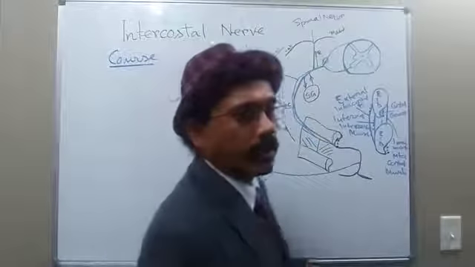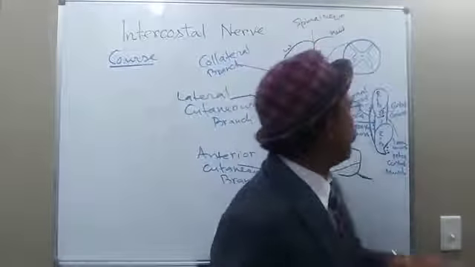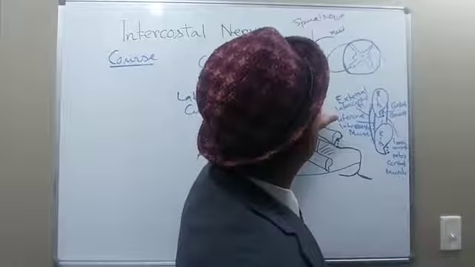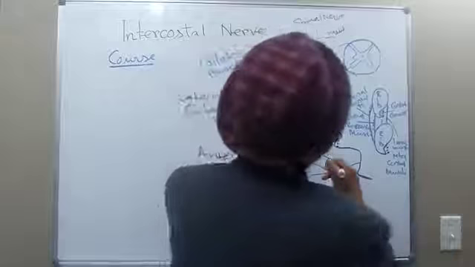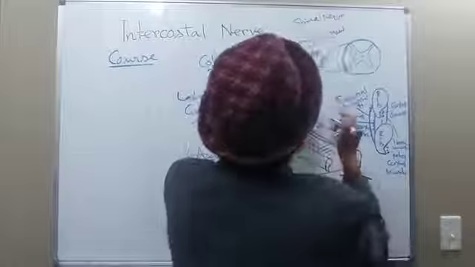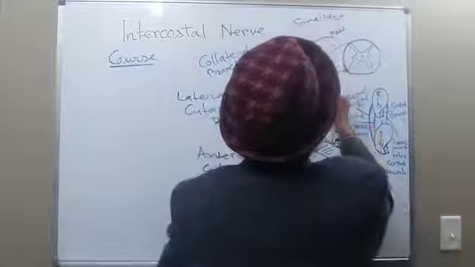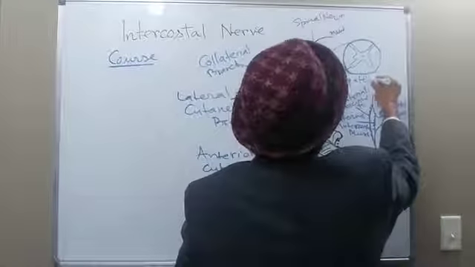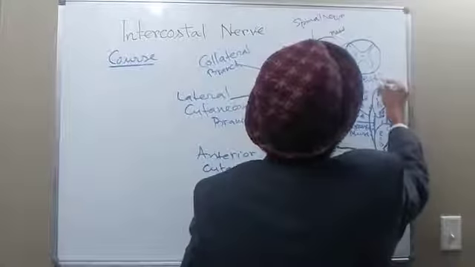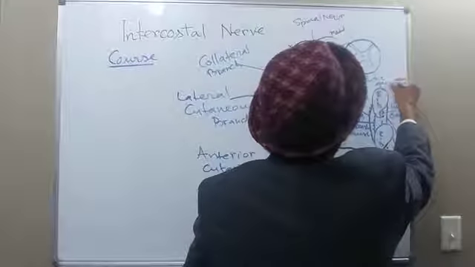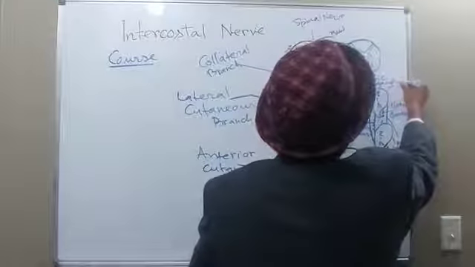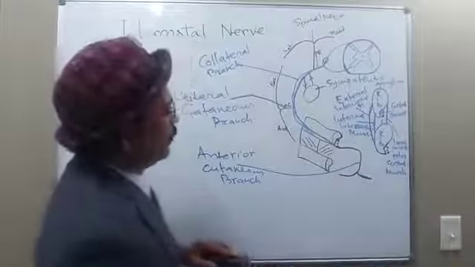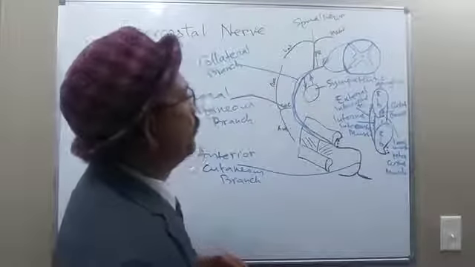We have to remember that the intercostal nerve is also connected to the sympathetic ganglion. This SG means the sympathetic ganglion.